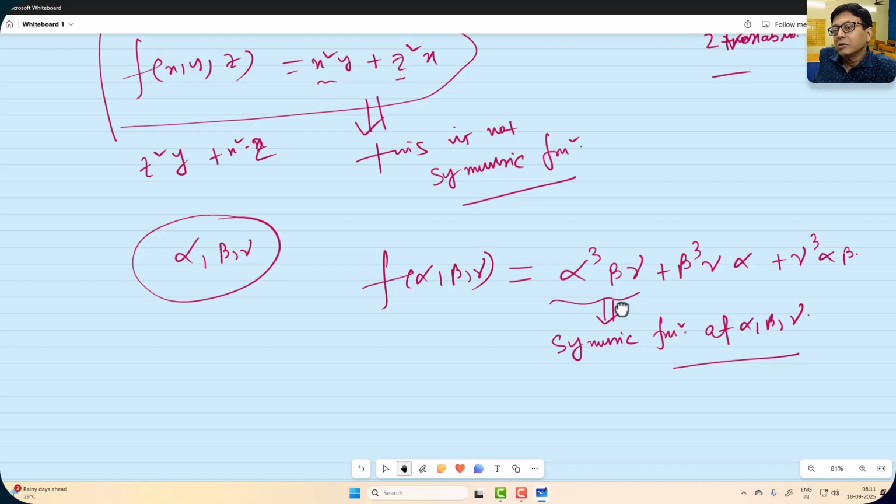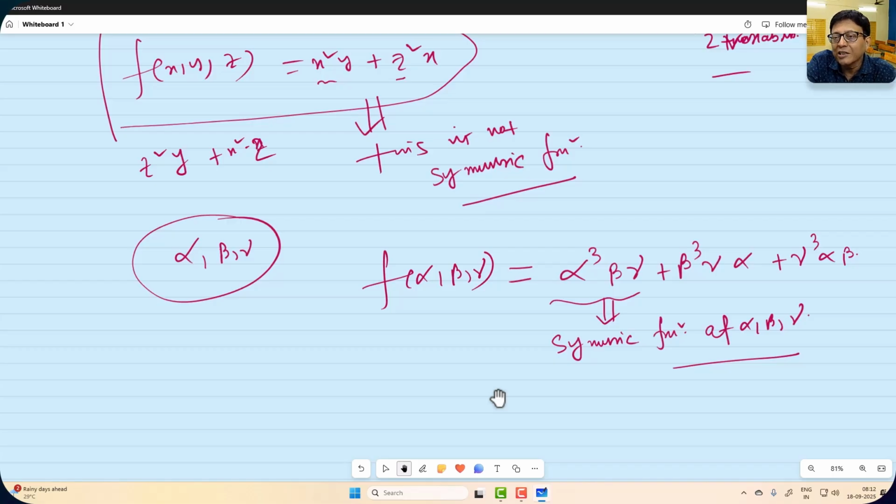Now, if a symmetric function is there, every term has the same sum of indices. Like 3, 1, 1: the sum of the indices is going to be 5. Here it is 5, here it is 5. So this will be the same. Or you remember it this way: interchanging any two variables, the expression doesn't change. Okay?